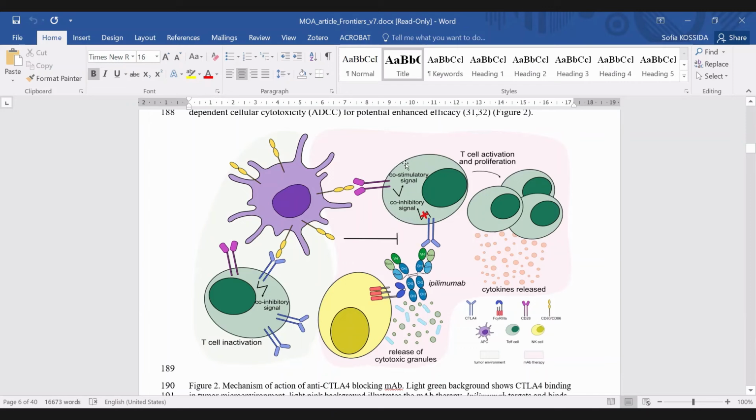Therefore, there is a stimulation signal, and a higher proportion of T cells are being generated. There is proliferation of T cells. These T cells will release cytokines and target the cancerous cells and eliminate them.